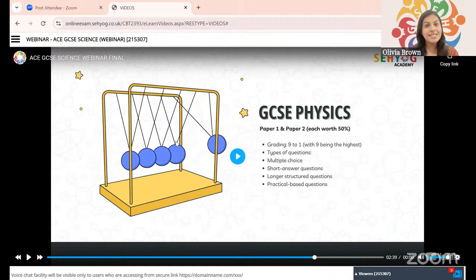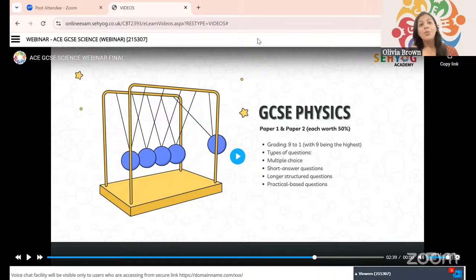In GCSE physics, the pattern is going to be the same for physics, chemistry and biology. There is going to be no change. Grading is going to be from 9 to 1, where 9 is the highest. There are going to be different types of questions too.